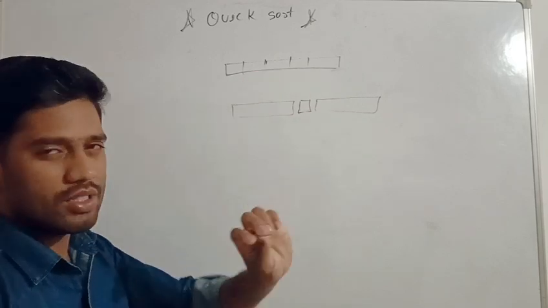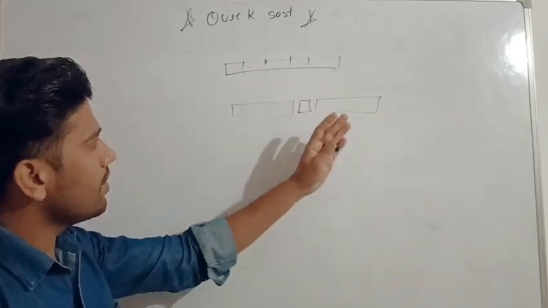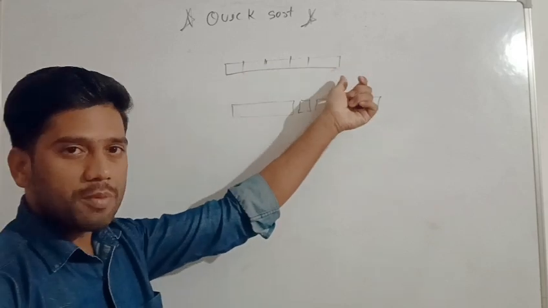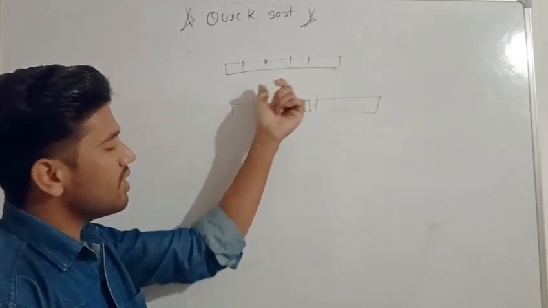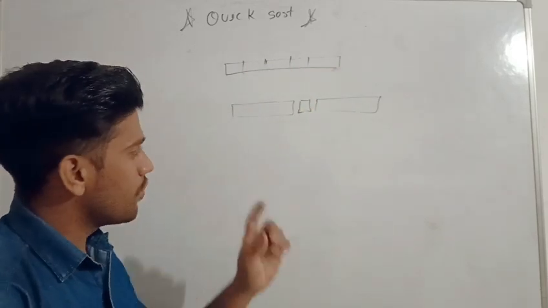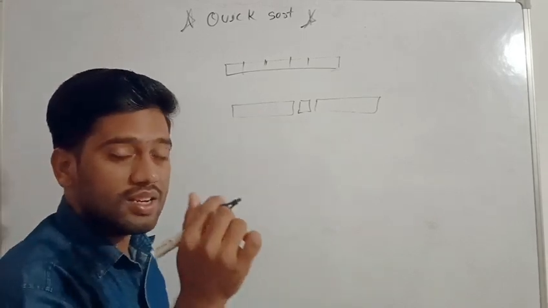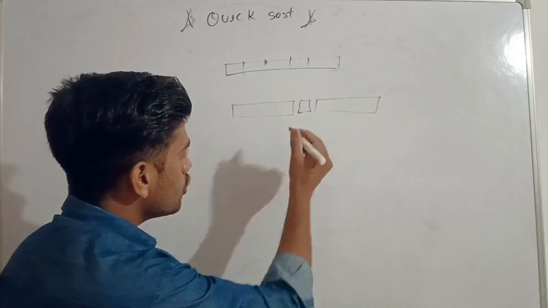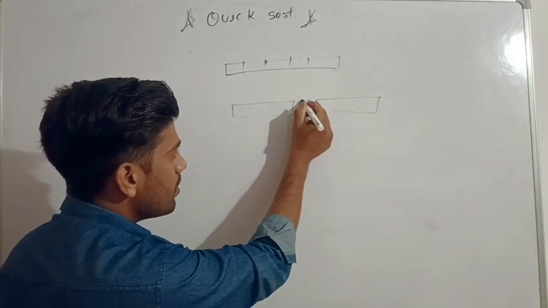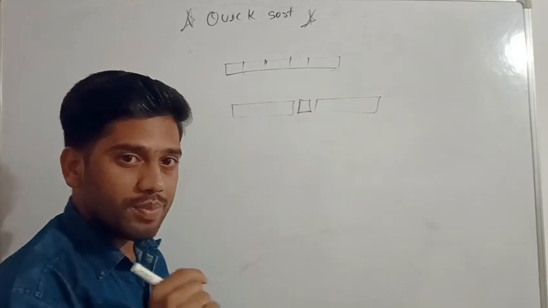We can take any element from the whole array as the pivot: from the left part, the right part, or the middle. The element we have taken as the pivot will go to its appropriate place.